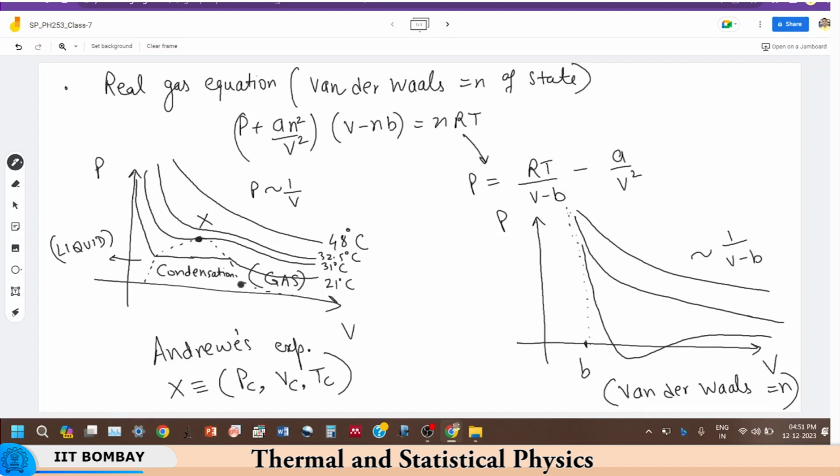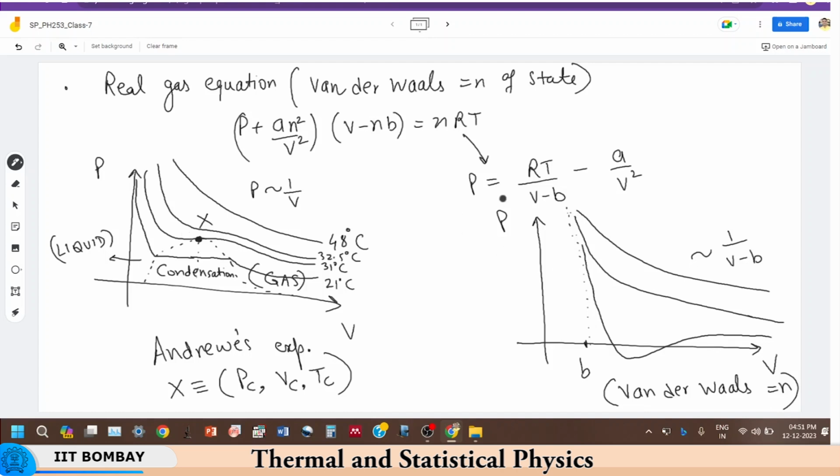For example, the critical pressure is defined as the pressure above which the gas can never be liquefied. The critical temperature, in the case of carbon dioxide, is 31 degrees Celsius. If our temperature is greater than the critical temperature, no matter how much pressure we apply, the gas can never liquefy.